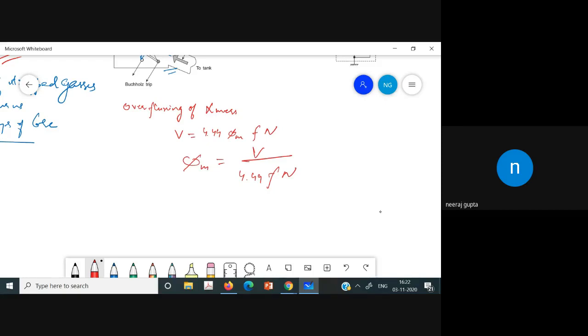Whenever there is over voltage and the frequency remains constant, the core is subjected to a high value of flux, as you have seen from this equation, to support the higher applied voltage.